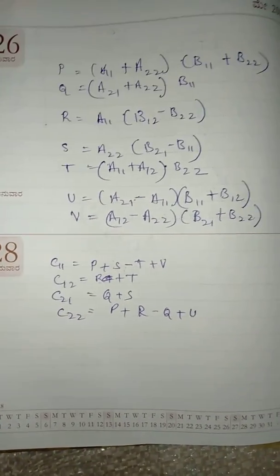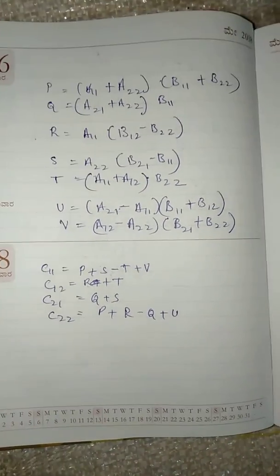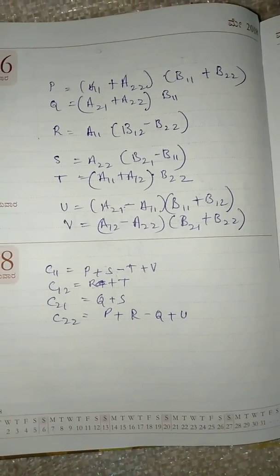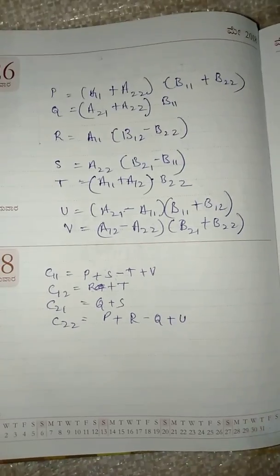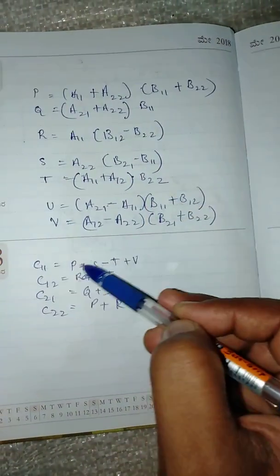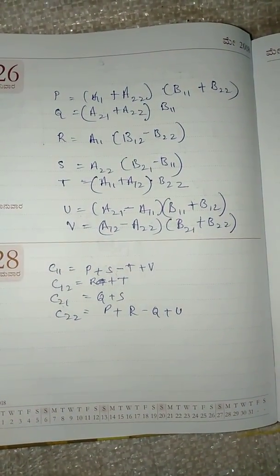This is required to solve the examples. In previous exams, a few questions were on Strassen's matrix multiplication. Given a 2 by 2 matrix, you will have to compute by applying Strassen's method, calculating all this and then C11 and C22.